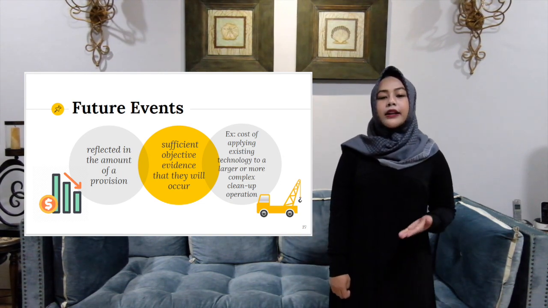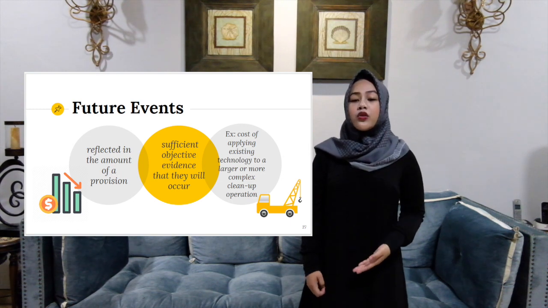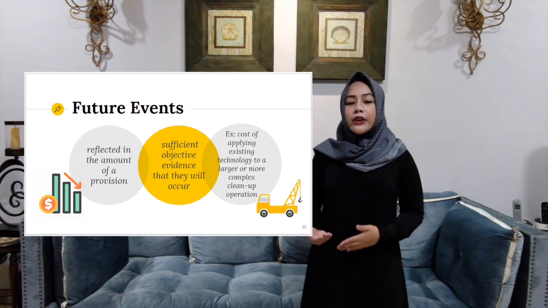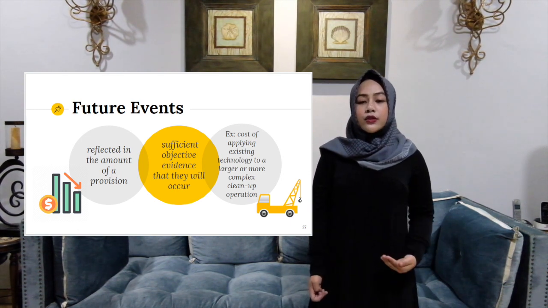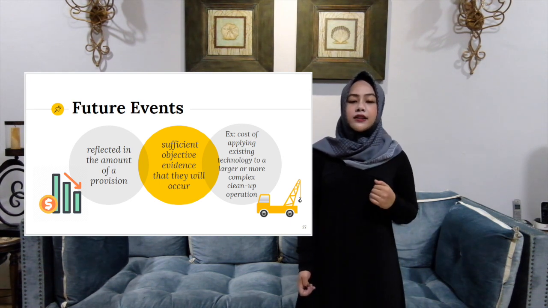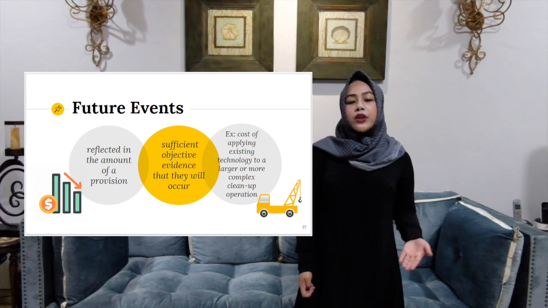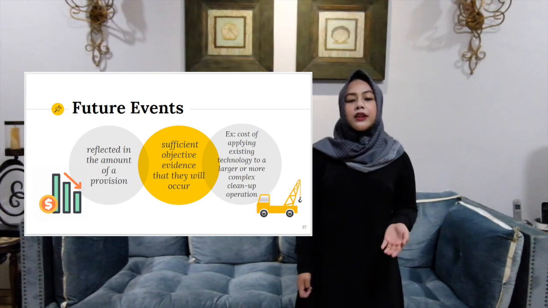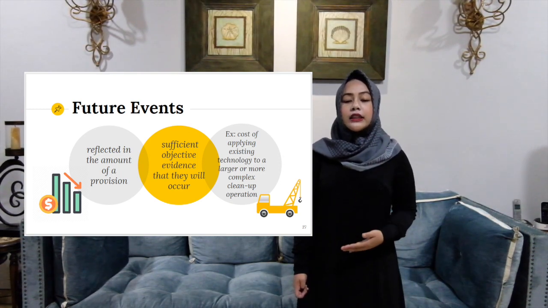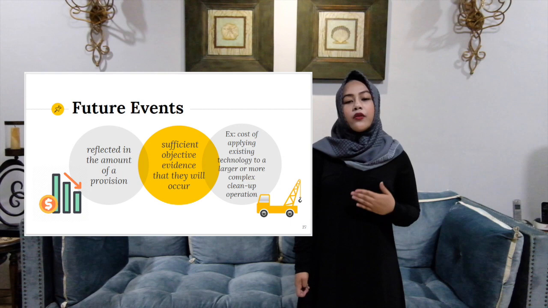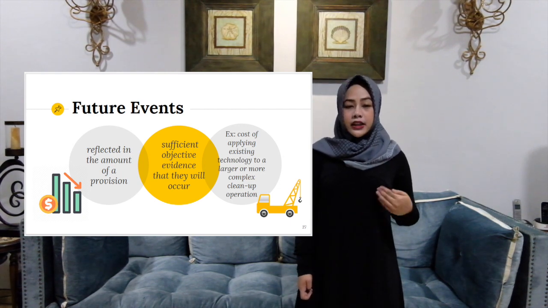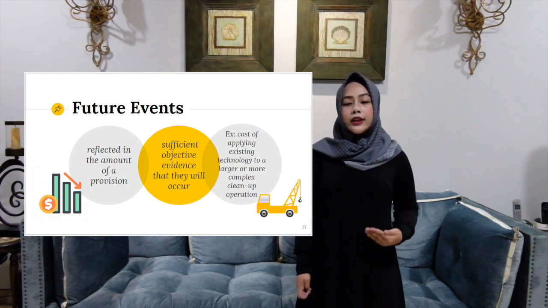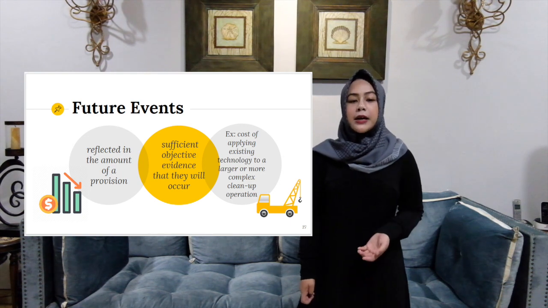For example, an entity may believe that the cost of cleaning up a site at the end of its life will be reduced by future changes in technology. The amount recognized reflects a reasonable expectation of technically qualified observers, with all available evidence about technology that will be available at the time of the cleanup.